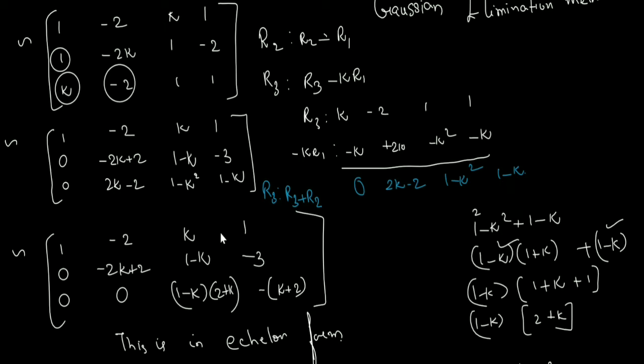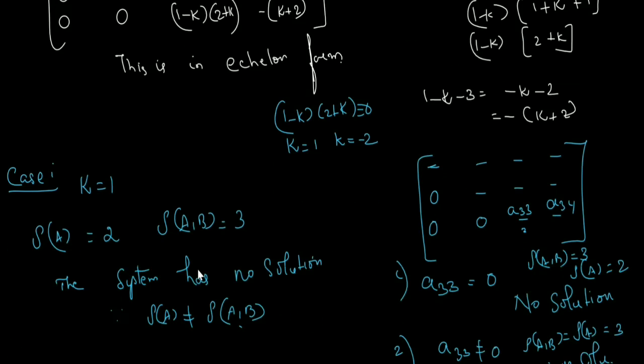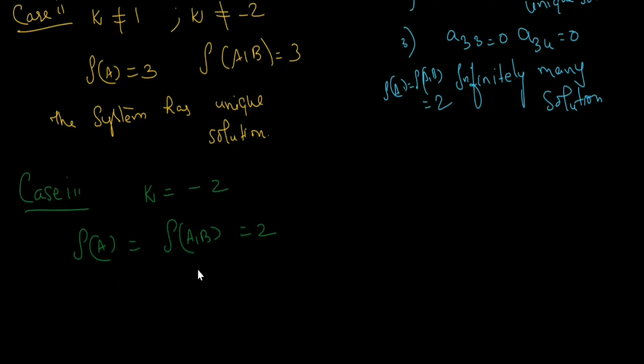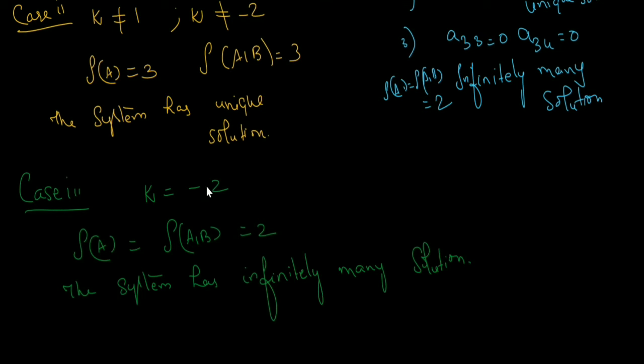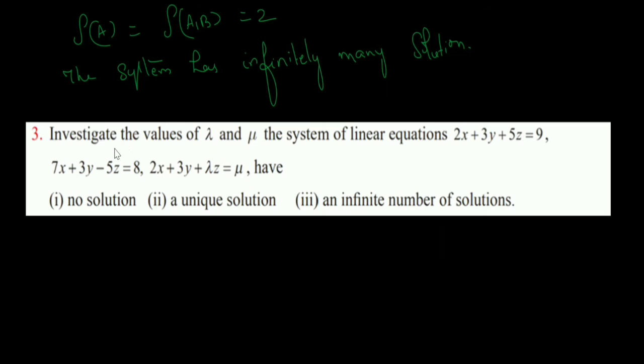And if you take only the matrix A, this is 0, so the number of non-zero rows will be 2. So rank of AB is 2 and rank of A is also 2. Therefore the system has infinitely many solutions. Now we will move on to the next question.